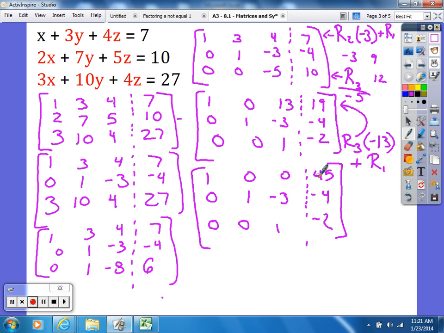Negative 13 times 1 is, plus 13 is. Oh, I didn't see it, plus row 1. Does that make sense? Okay, one last step.